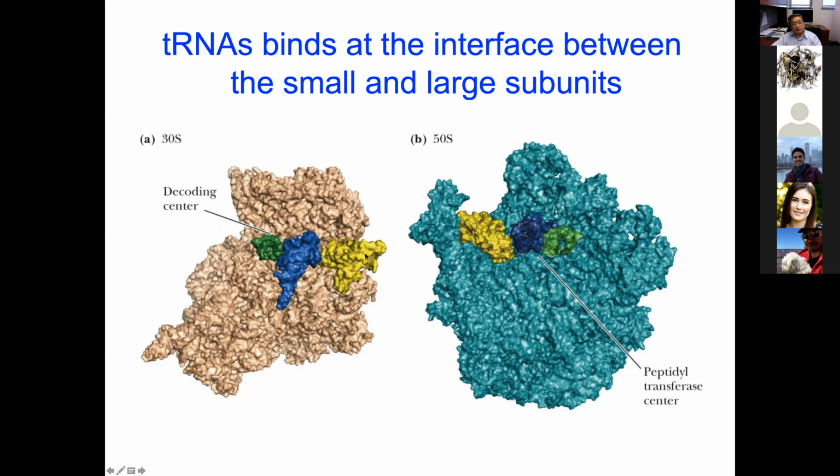The 30S will bind messenger RNA, and then allow the tRNA to form base pairs with that messenger RNA using the codon-anticodon interaction. And the polypeptide, and the amino acid coupled to the tRNA, actually associate with the large subunit.